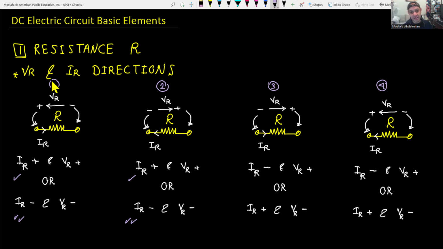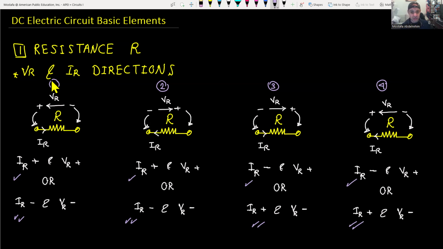If the voltage is negative, the current must be positive. Again, in both 3 and 4, they must be opposite to each other in sign.